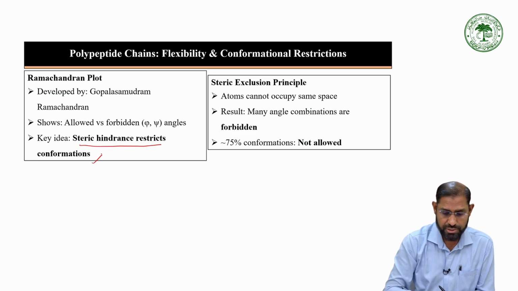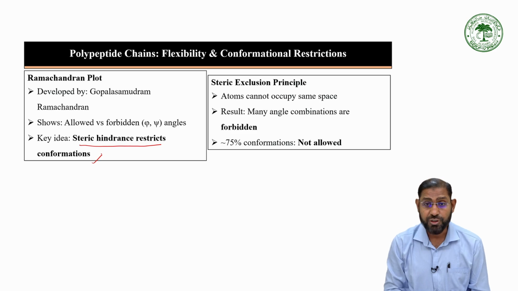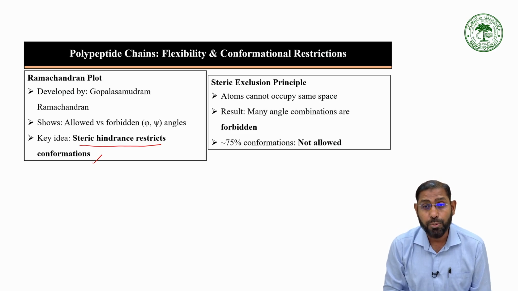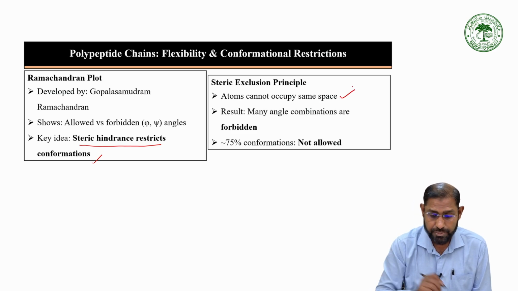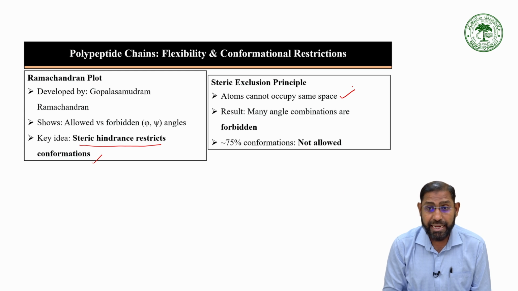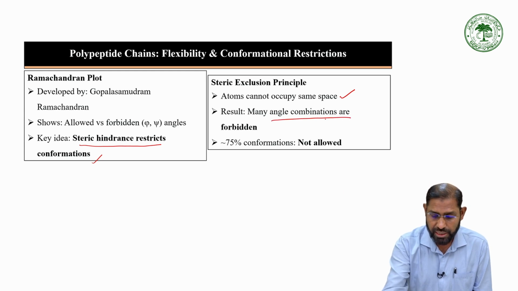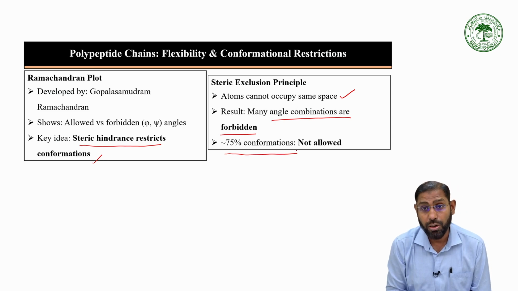And what is the strict exclusion principle? Atoms cannot occupy the same space. As a result, some angle combinations are forbidden, and almost 75% of conformations are not allowed according to the Ramachandran plot.